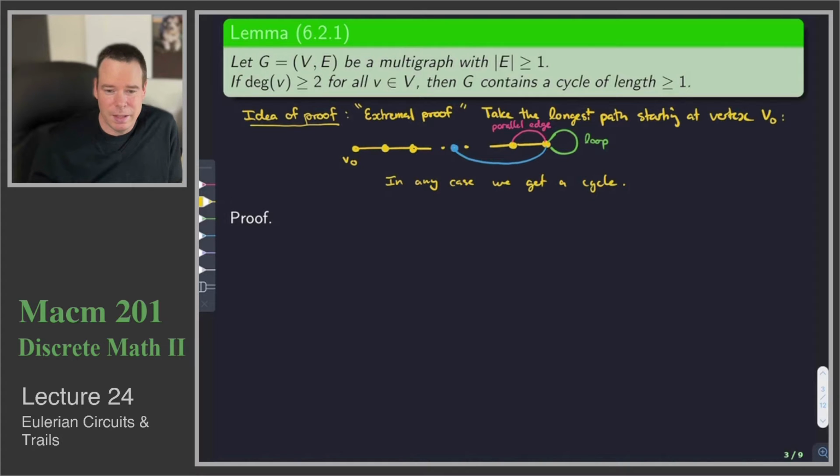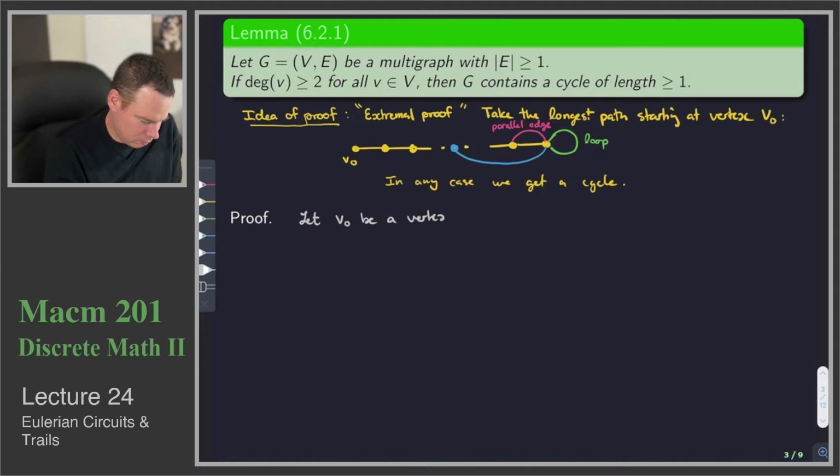Okay, so that's the essence of the idea of our proof. Now we're going to unpack it and write it all out. So here we go for our proof. We're going to let V0 be a vertex in G, and let P be a maximal path starting at V0.